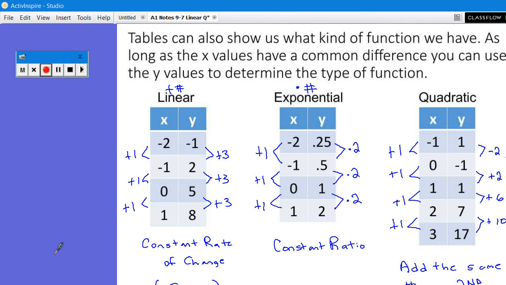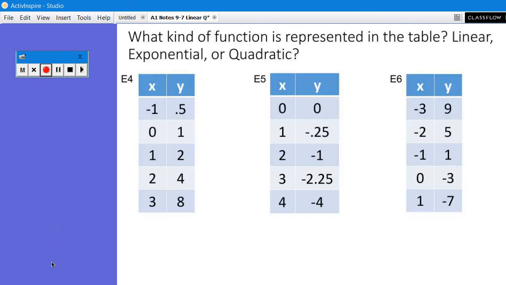Okay, let's do the next one. Here we go. We look at the change on this side. Every single time it's adding 1, so it's going to have that constant on the x side. Now we need to look at what it's doing on this right side. It's definitely not adding the same thing every time, so let's see if we can multiply by the same thing every time.